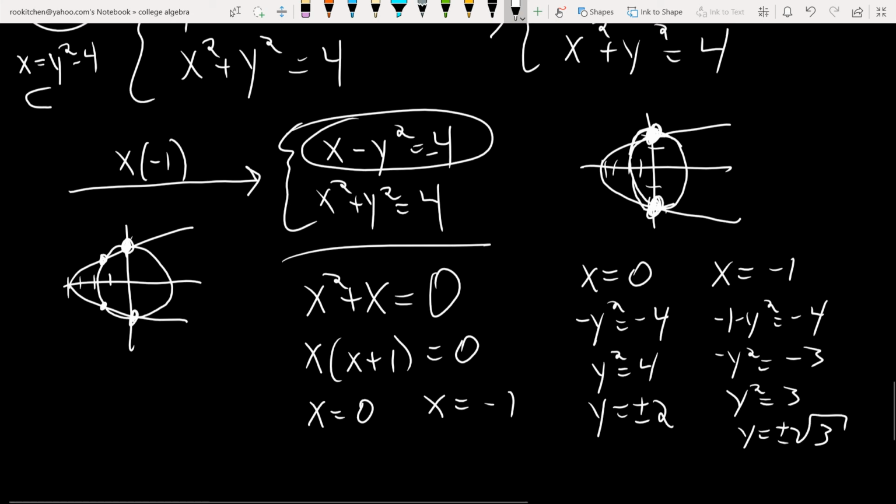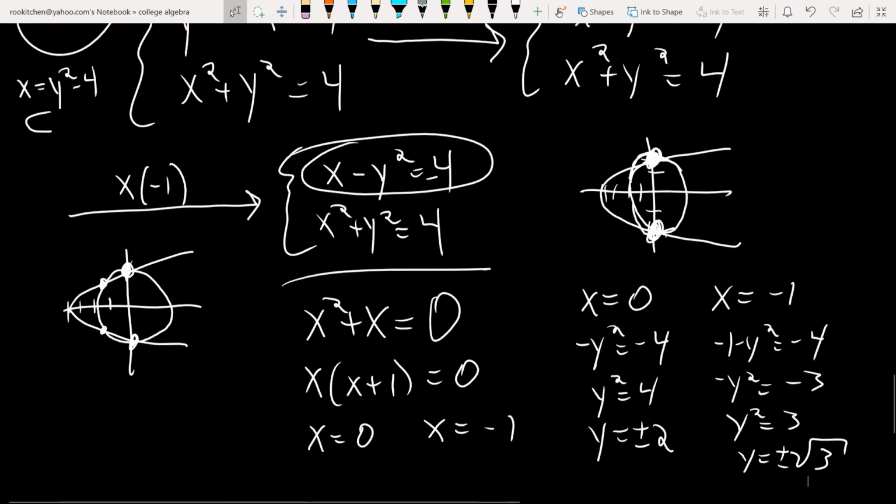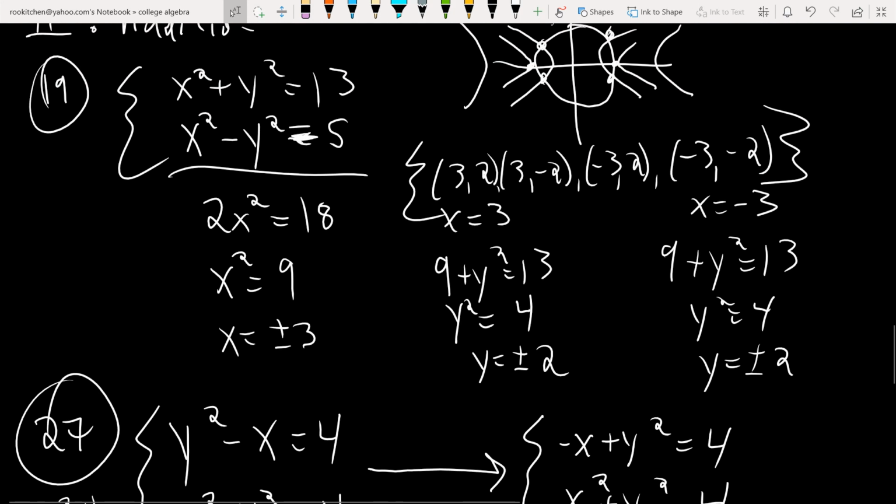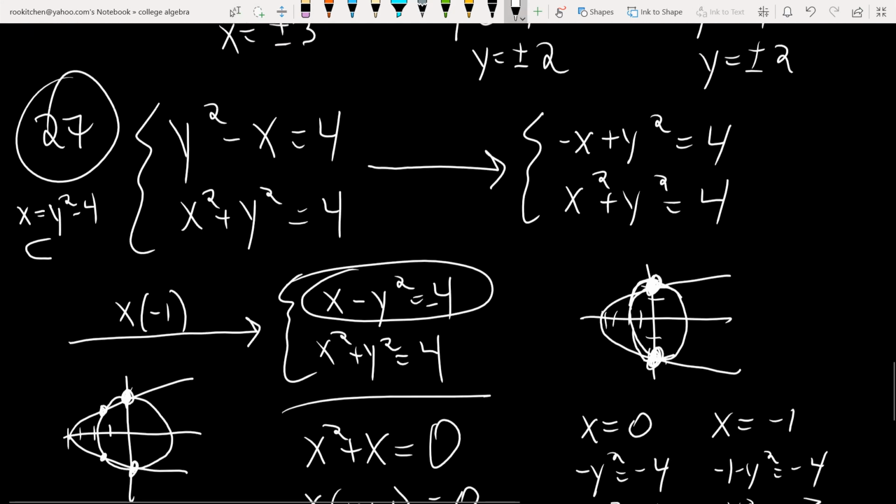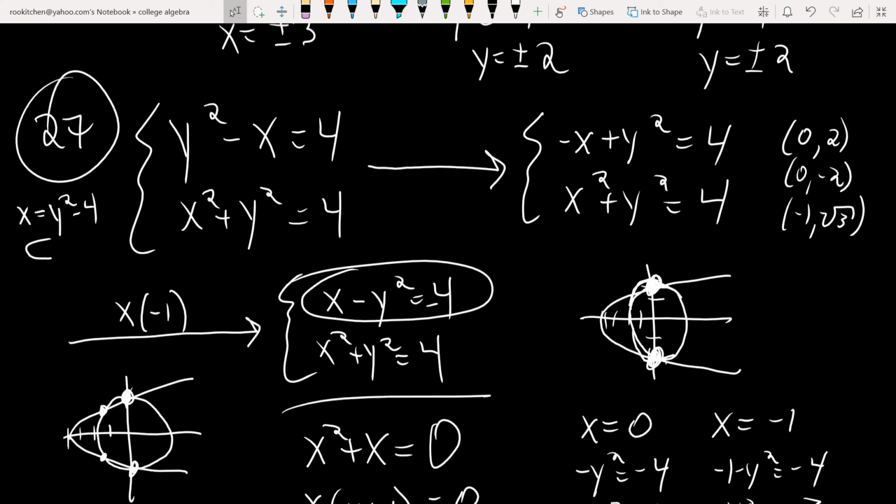And so it looks like there's 4 solutions. Let me just keep them all up here: 0, 2; 0, negative 2; negative 1, root 3; and then negative 1, negative root 3. And I want to check them all. Hopefully that will be my solution set.